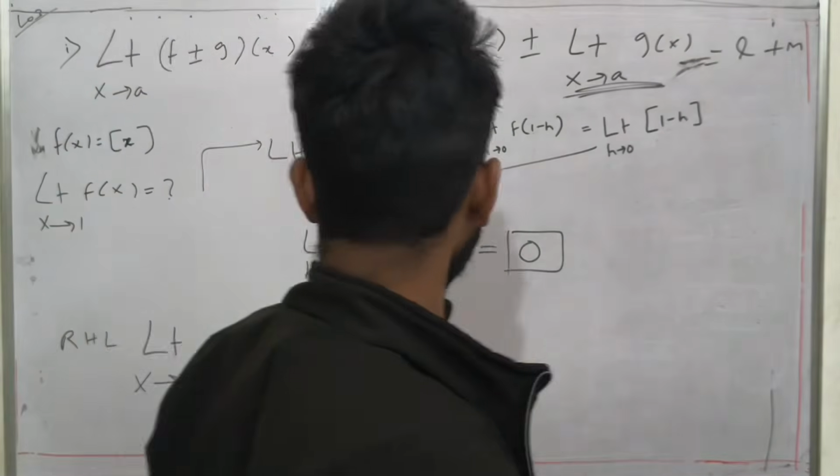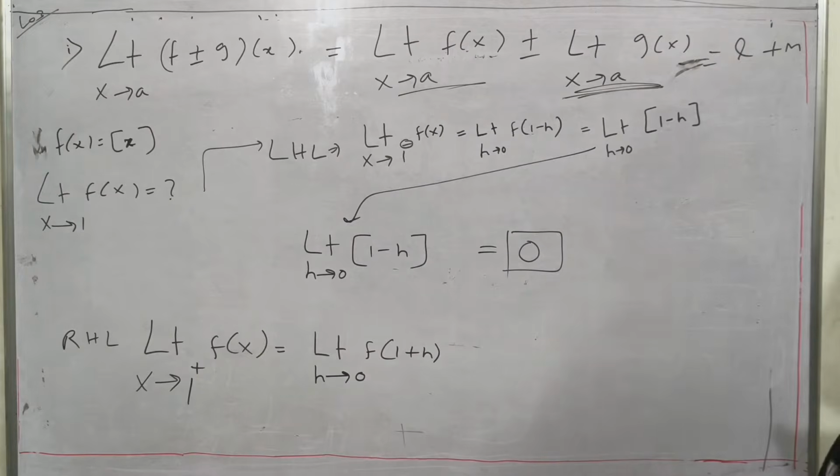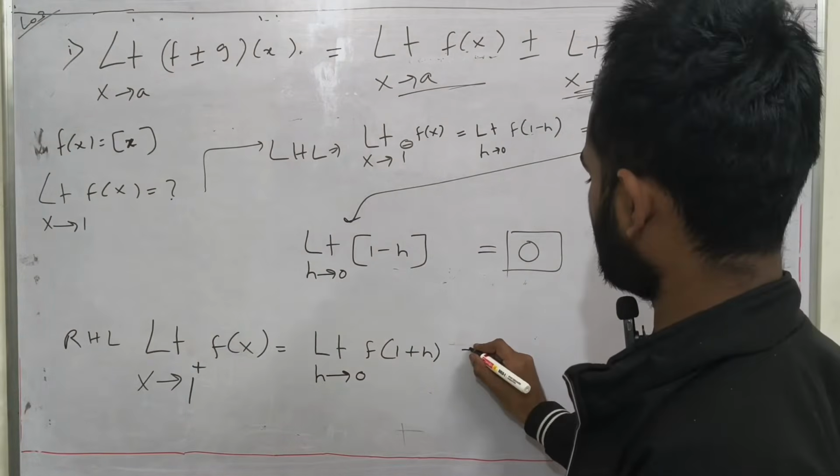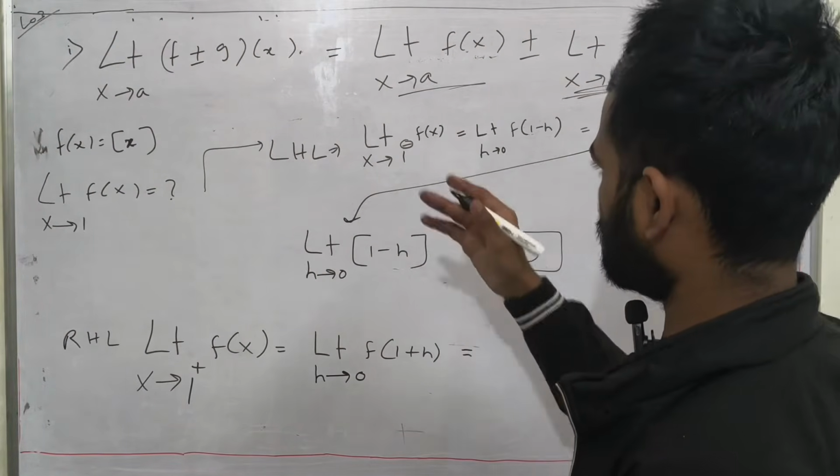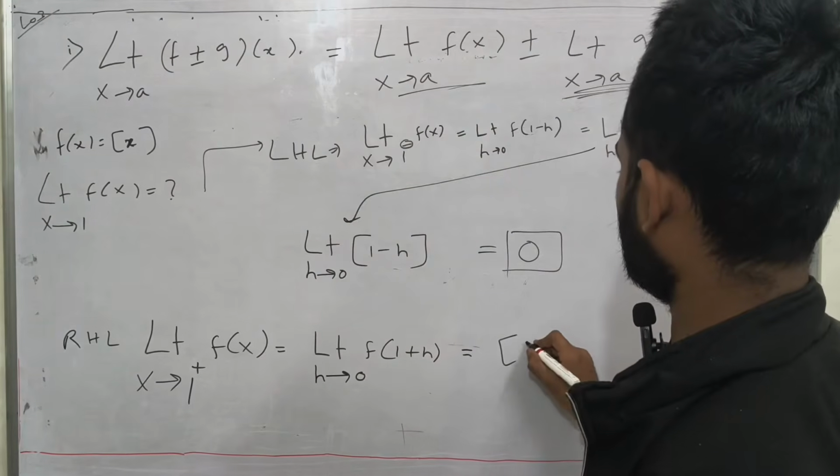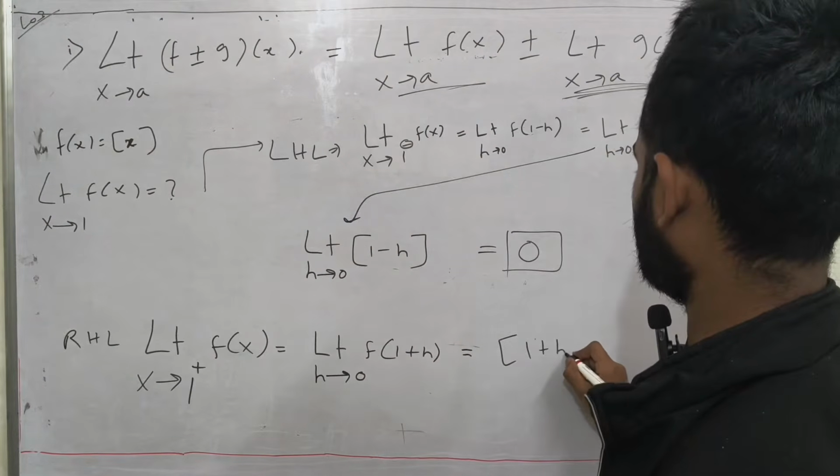So limit h tends to 0 f of 1 plus h, substitute step x here, equals limit h tends to 0 step of 1 plus h.